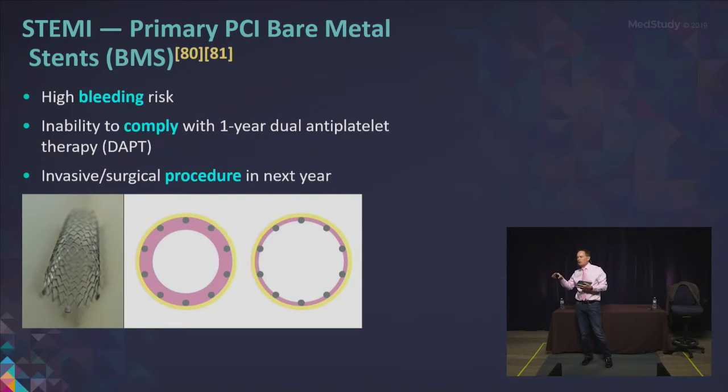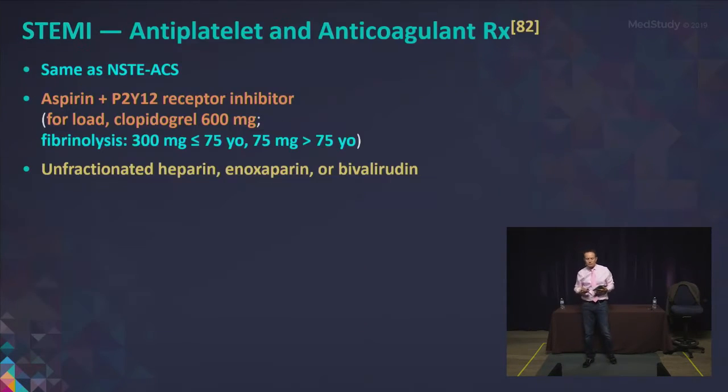The new guidelines have not completely come out as class 1, but you will see that in the future. It'll probably be dual antiplatelet therapy for 6 months with the newer drug-eluting stents. But right now, that's what you need to know. And for STEMI, the antiplatelet and anticoagulant therapy is essentially the same as for someone coming in with a non-STEMI.